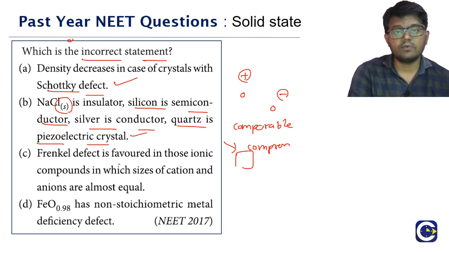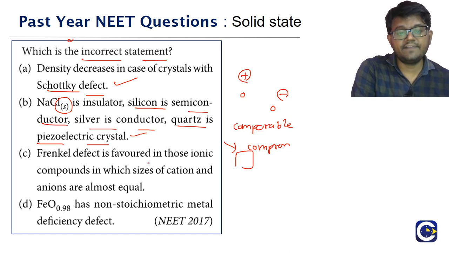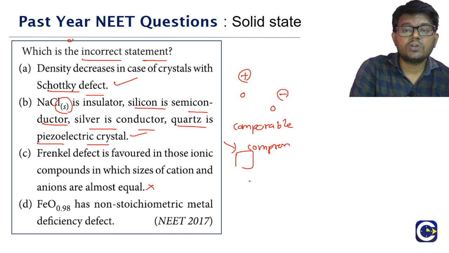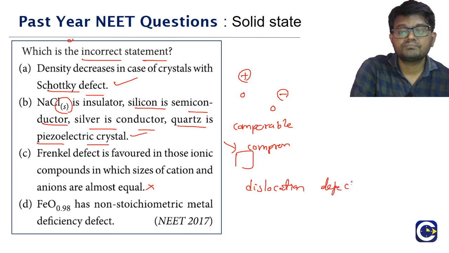Look at option C. What is option C saying? Frenkel defect is favored in those ionic compounds in which the sizes of cations and anions are almost equal. This is incorrect. Why? What is Frenkel defect? Frenkel defect is also called a dislocation defect. What happens?